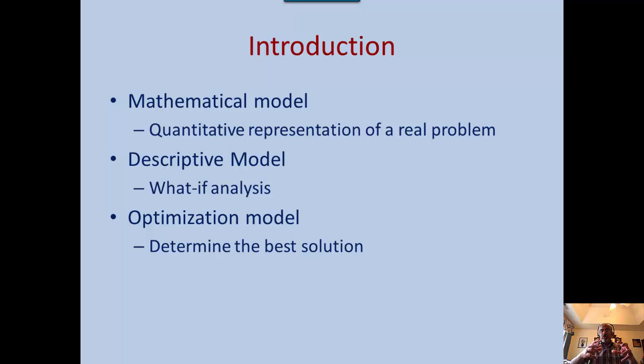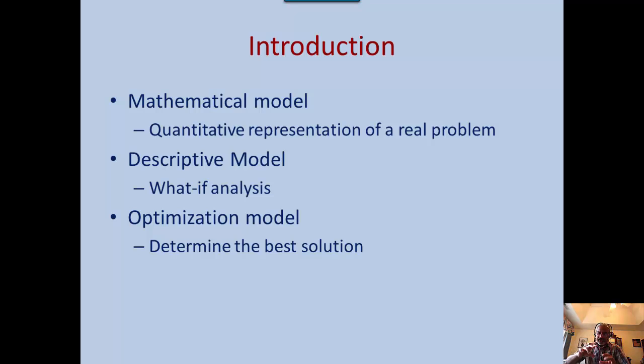For example, what price should you set for your product, or how many units of a product that you should produce, and how many units should be shipped from one plant to one destination, and how many dollars you should put aside for funding pension plan, and so on. So there are lots of different input variables that you may have to do some what-if analysis with.